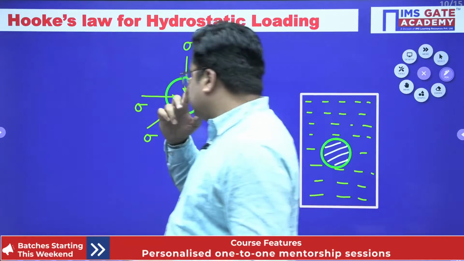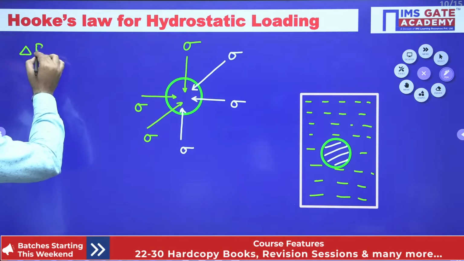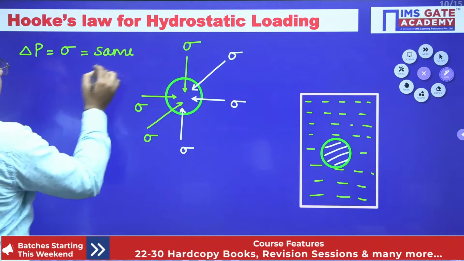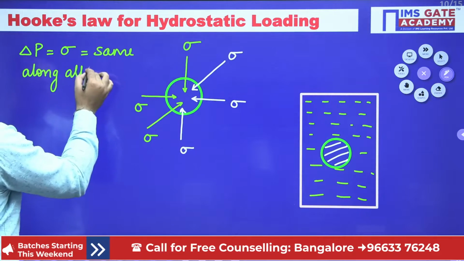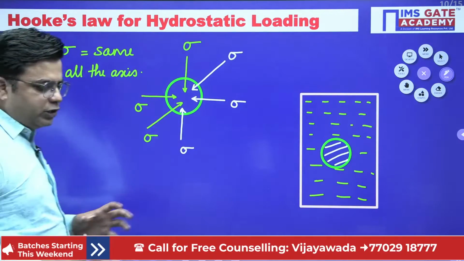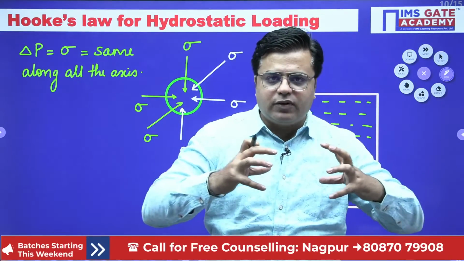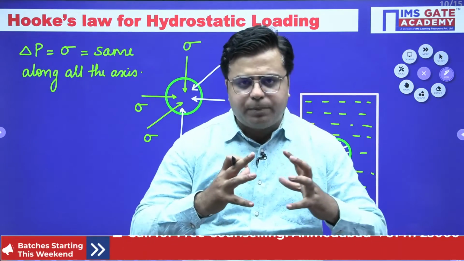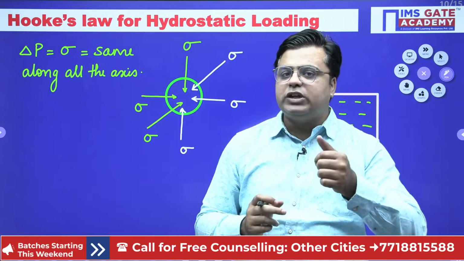So the change in pressure delta P is the same along all the axes. This change in pressure is of compressive nature. Due to these compressive stresses acting over the ball, this ball will undergo some change in volume.